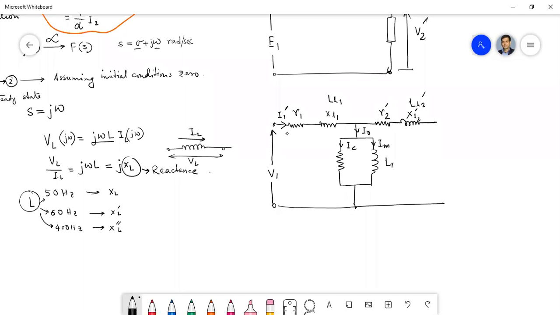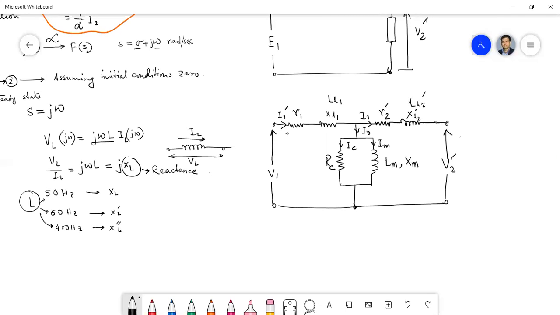Here also you can write LM, or in steady state parameter you can write XM. So this all becomes the referred value. They are not actual value, they are called the referred value.